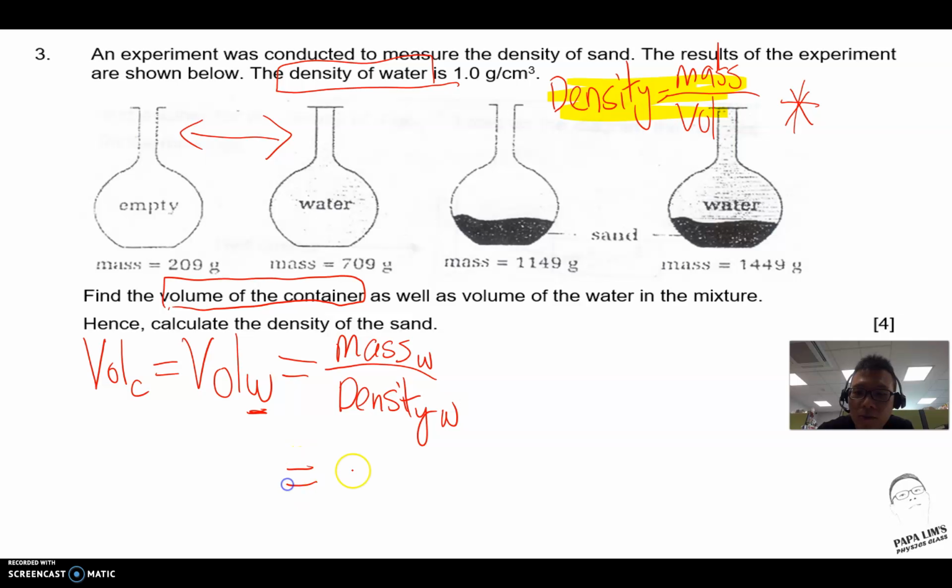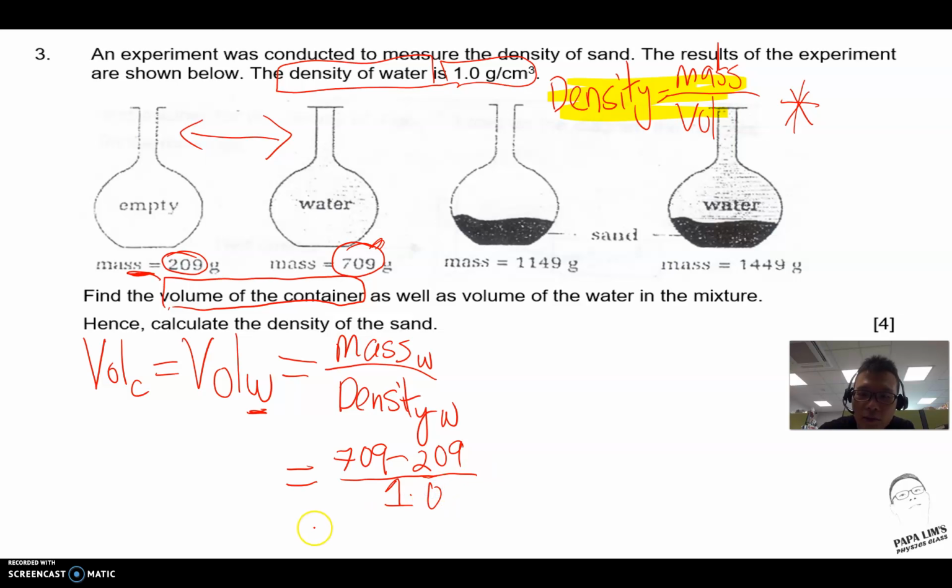For the mass of the water, we simply subtract 209 from 709. This is the mass of water with container, and this is the container itself only. So 709 minus 209 gives you the mass of the water directly. The density of water given is 1 gram per cm cube, so it's a 1 here.